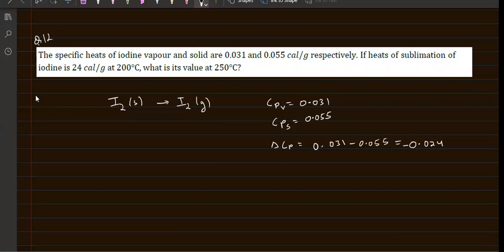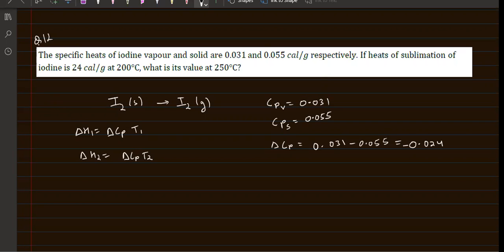Now we know that if we have two different temperatures, so it is actually your two different conditions. So we know that delta H1 is equal to delta Cp T1 and delta H2 is equal to delta Cp T2. Yes or no? Tell me. Right, everyone?